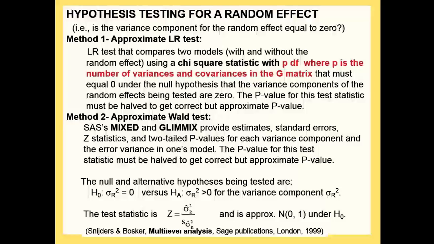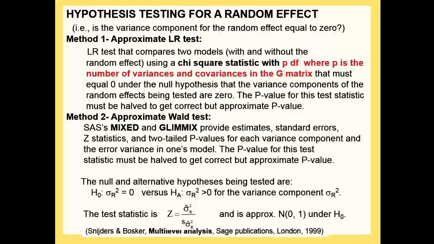You're dropping one of the B's, or more than one, and getting a likelihood ratio test comparing those 2 models. It's called an approximate LR test because you have to recognize that you're testing something about a variance. A variance can never be less than 0. So when you get that chi-square statistic, the p-value has to be halved.